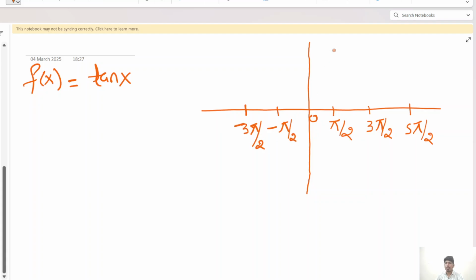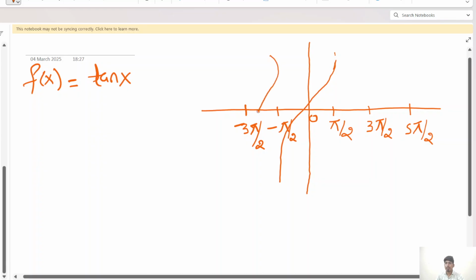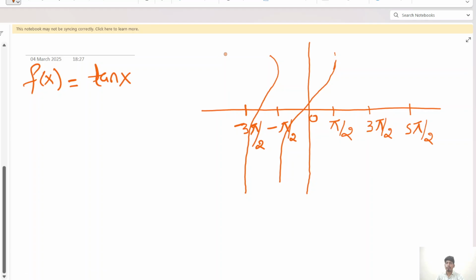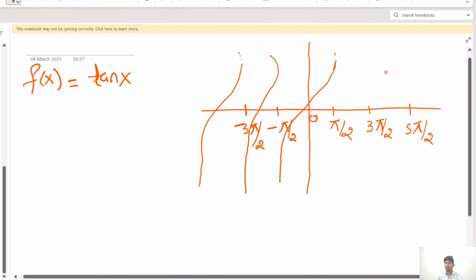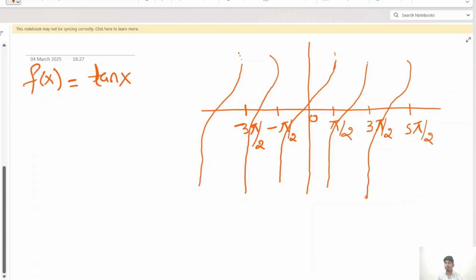Then the graph of the tangent function is like this.